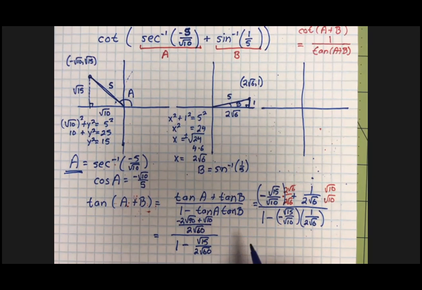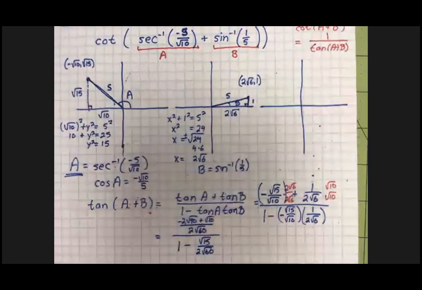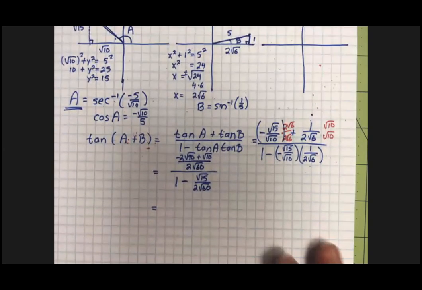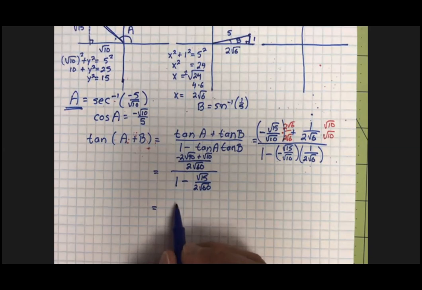Now, I think that I can simplify √60. I think I can simplify √90, but first I just want to get things together. I can make one fraction right here and say 2√60 over 2√60. So let's write minus 2√90.